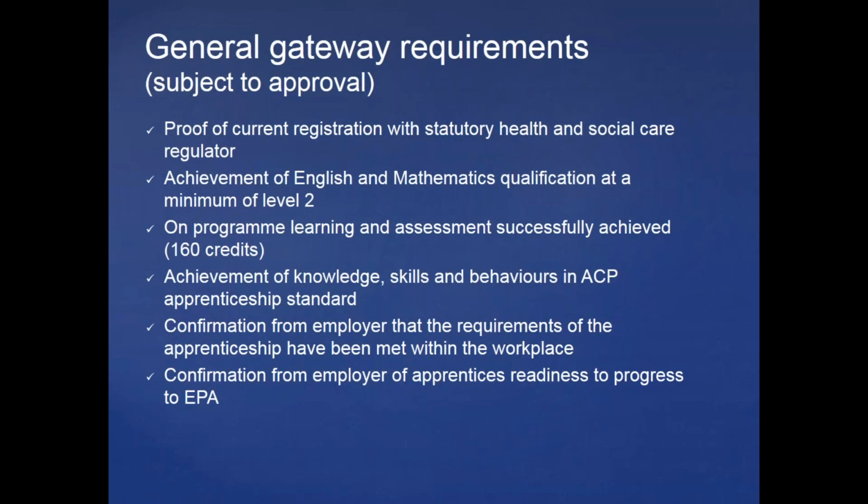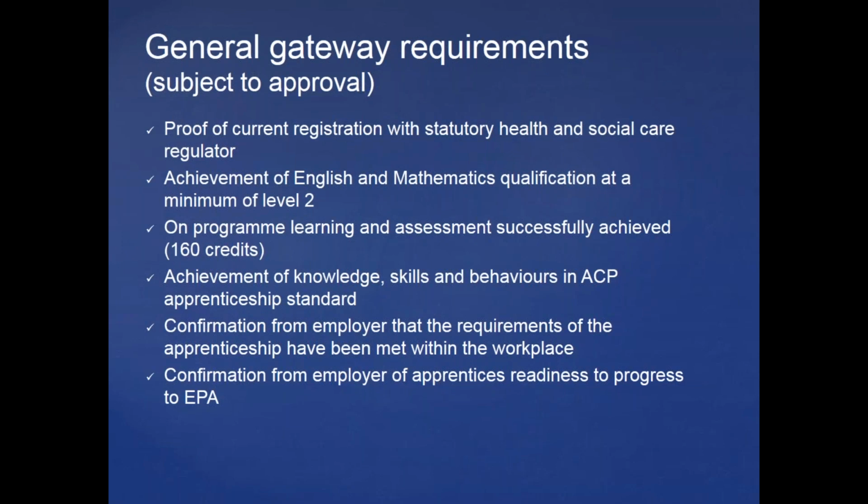Whilst this does not necessarily seem relevant at this stage to advanced clinical practitioners working at this level and doing master's degrees, you will need to check that your apprentices have got a minimum of a level 2 English and Maths qualification, and if not, that will need to form part of the apprenticeship. So that is not an ACP requirement, that is a general apprenticeship requirement.